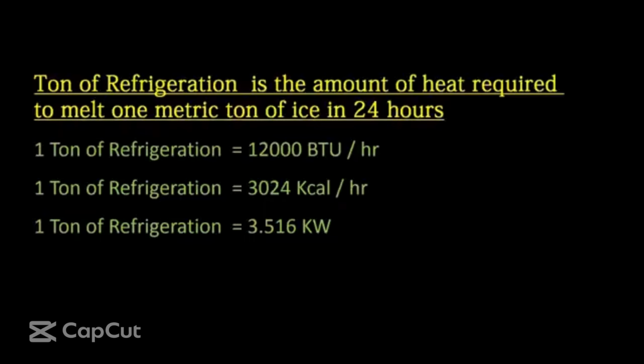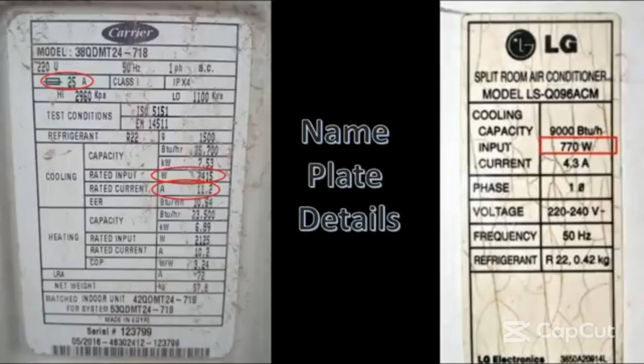It is very useful because if you are buying an AC, sometimes they mention different units. So you can easily convert into tons and see the capacity of the AC, whether it is actually 1 ton or 1.2 tons. Normally, some makers tell in other units, and if you calculate, it is not exactly 1 ton. For example, I have shown the nameplate of the air conditioner which we are using at home.